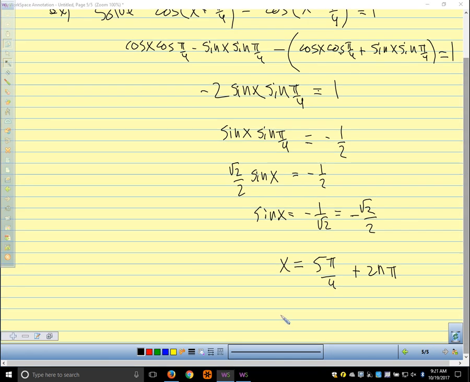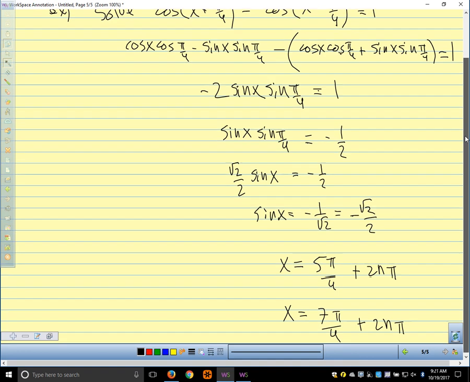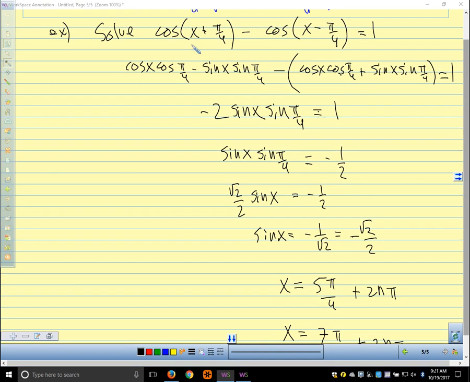And what's our other one? 7 pi over 4 plus 2n pi. And there's the solution to this equation that might have looked a little intimidating at first, but it really wasn't bad.